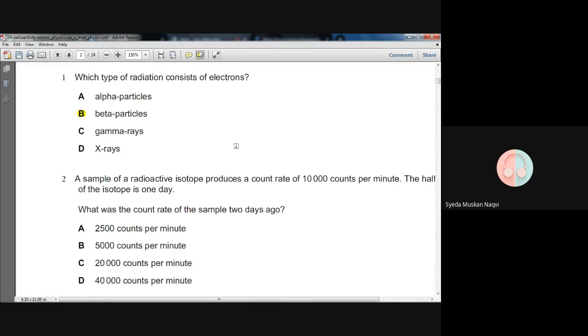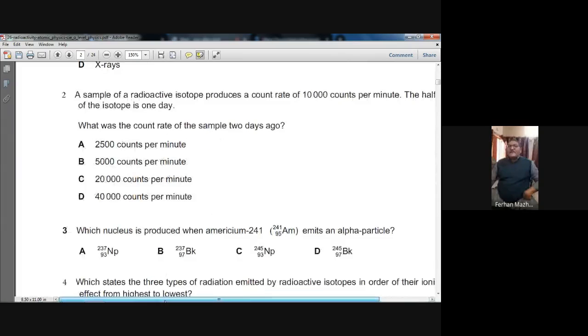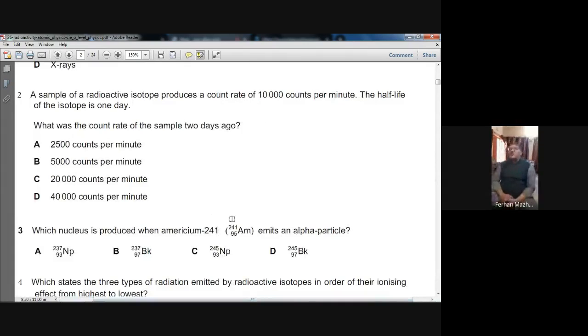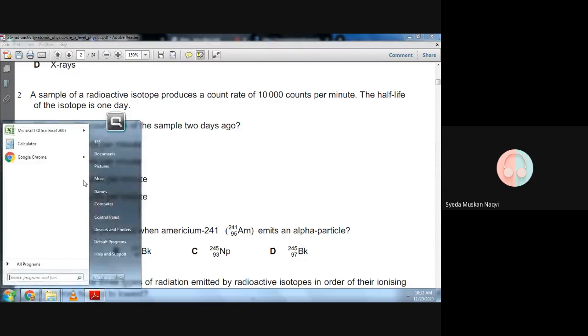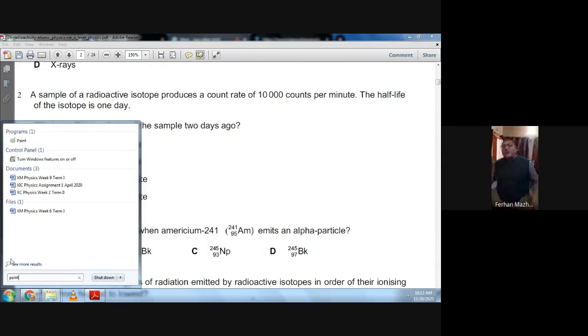Yes, sir. Okay. The next one on your screen: a sample of radioactive isotopes produces a count rate of 1000 counts per minute. The half-life of the isotope is 1 day. What was the count rate of the sample 2 days ago? Let me take out the paint.